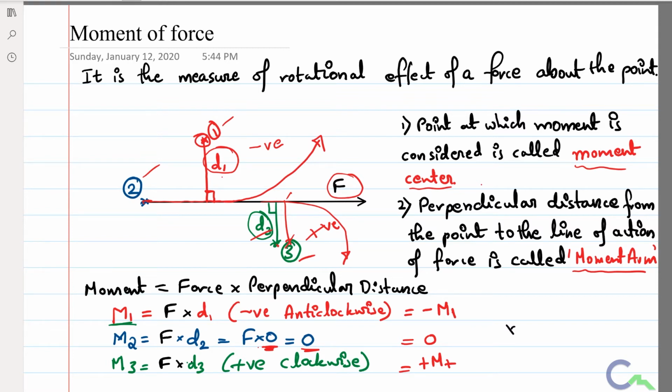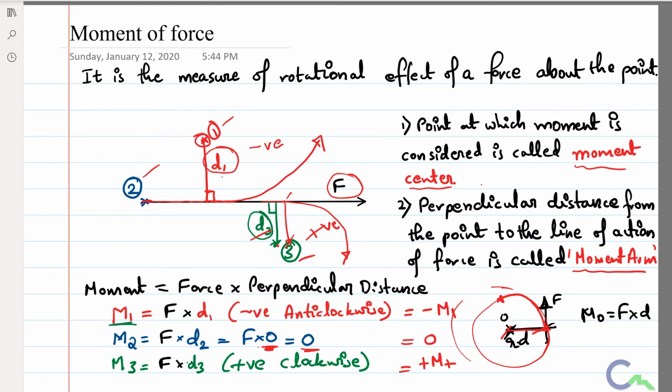If I consider any point, maybe this point is O, and one force is acting like this, with force F, then MO is equal to force into perpendicular distance, that is F into D. For the sign convention, if I consider this as center and D as radius, and I try to create a circle in this direction, just imagine this is the radius of the circle. That will be in this direction.